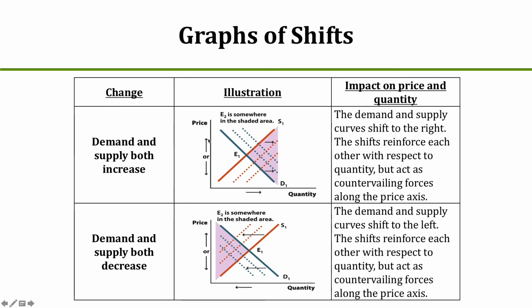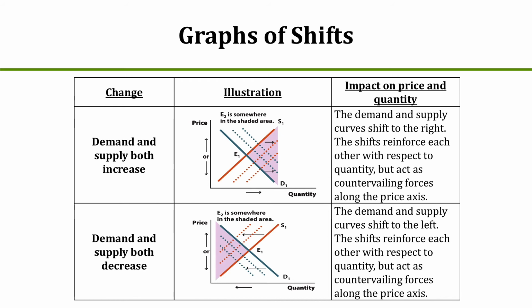If you increase both of the curves at the same time, as you can see, the final equilibrium point is happening on that purple triangle again. On that purple triangle, I can easily see that the quantity demanded is increasing for sure. So that's why the change in equilibrium quantity is unambiguous.